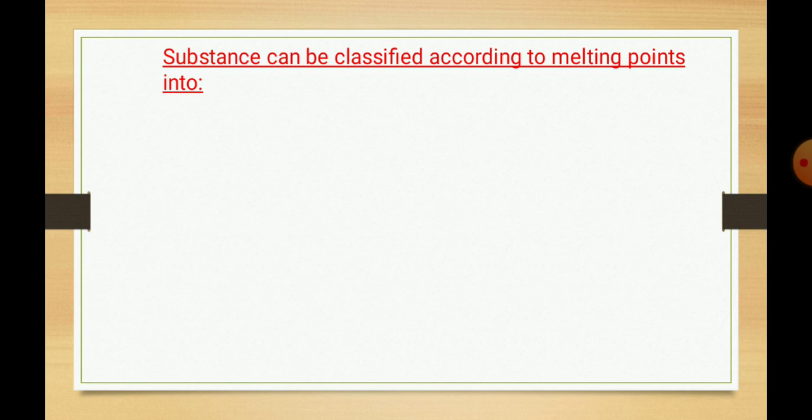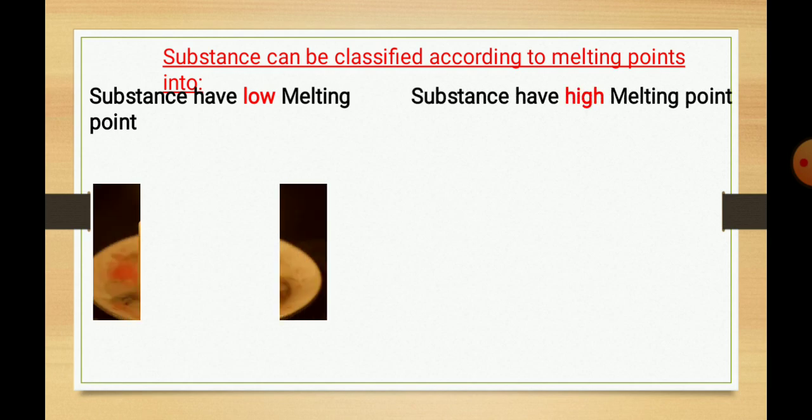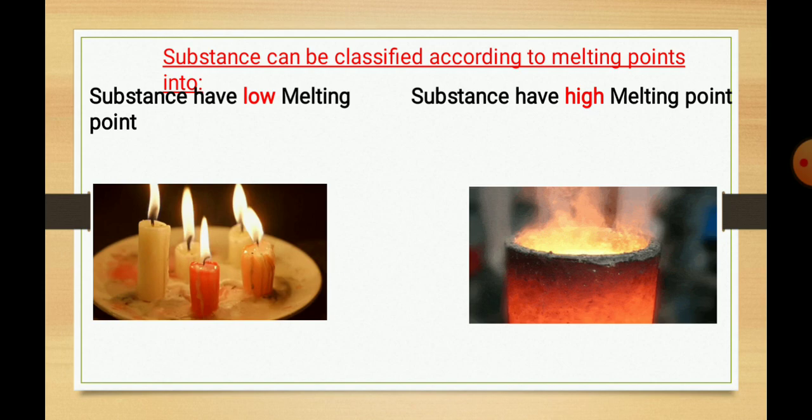So substances can be classified according to melting point into: number one, substances that have low melting points, such as wax, butter, and ice, and number two, substances that have high melting points, such as iron, copper, aluminum, and table salt.